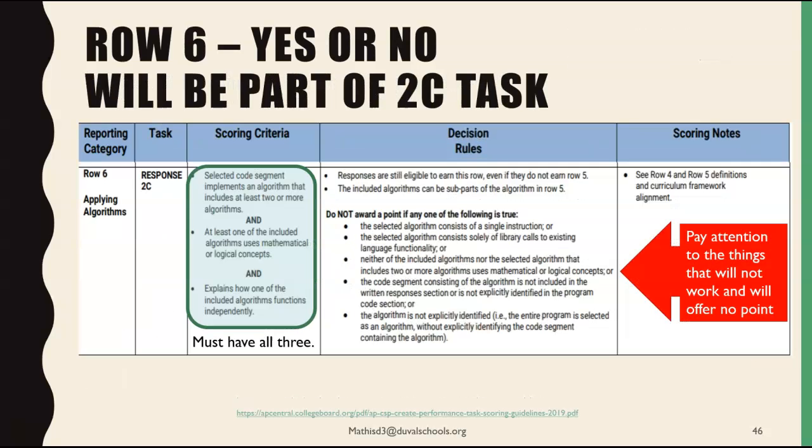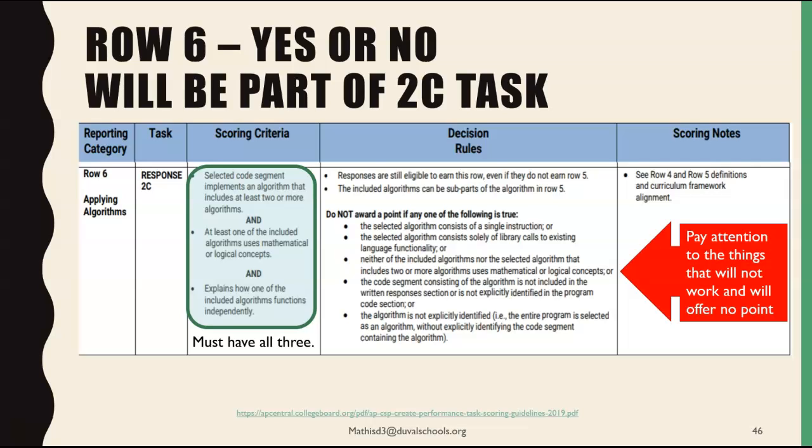All right, row 6. Row 6, your selected code segment implements an algorithm that includes at least 2 or more algorithms, and at least one of the included algorithms uses mathematical or logical concepts, and it explains how one of the included algorithms functions independently.